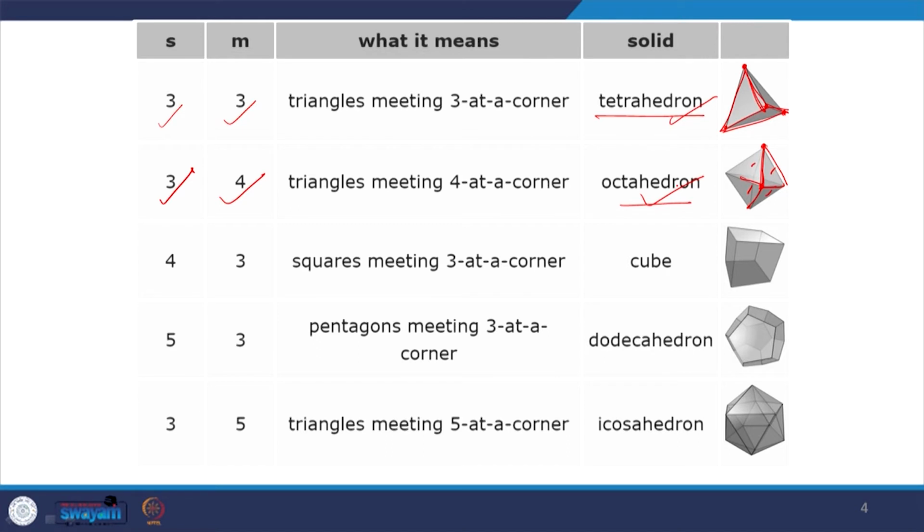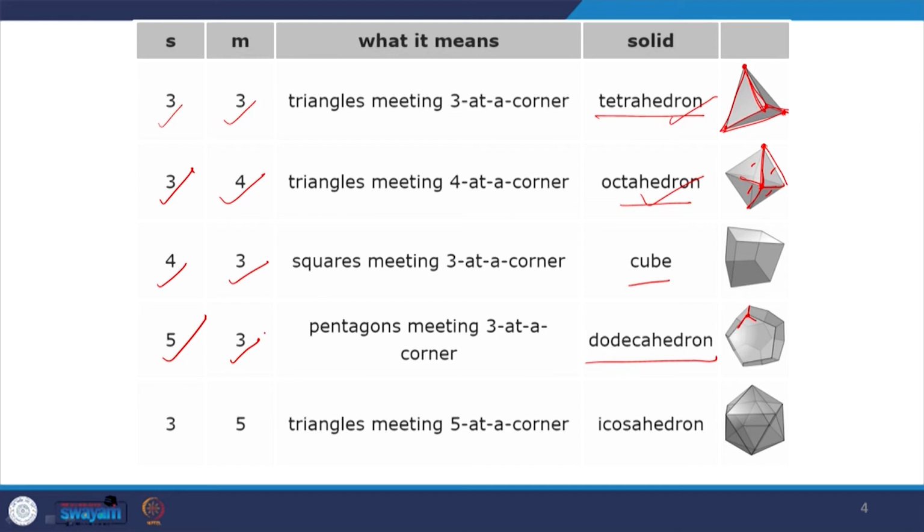It is like 2 tetrahedrons, not exactly, but it is like repeating this, coming together. Then we have the cube, of course, simple, 4 sides and 3 surfaces coming together. Next we have the dodecahedron, where the base shape is a pentagon. So we have 5 sides on each surface, and at each point we have 3 of these surfaces meeting.